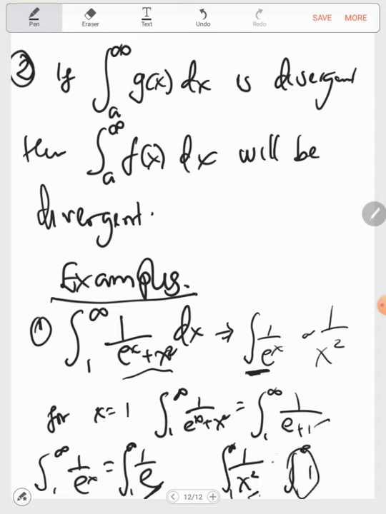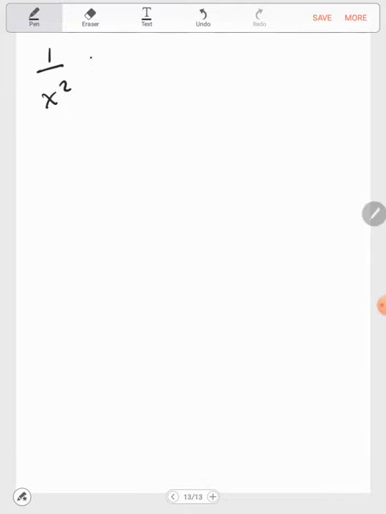So let's use now the comparison test. Let's compare which is greater than. We can actually do this: 1 over e^x plus x squared is less than 1 over x squared.